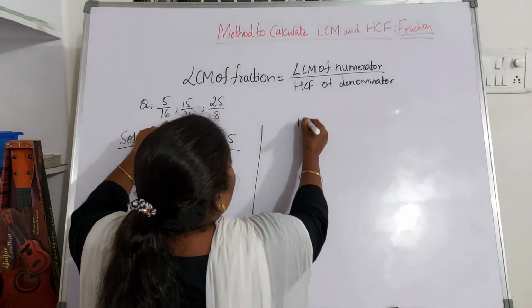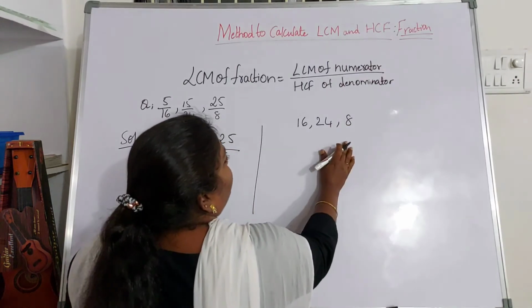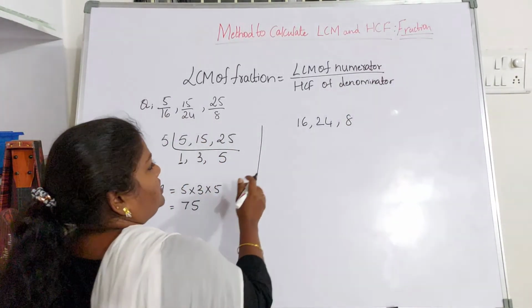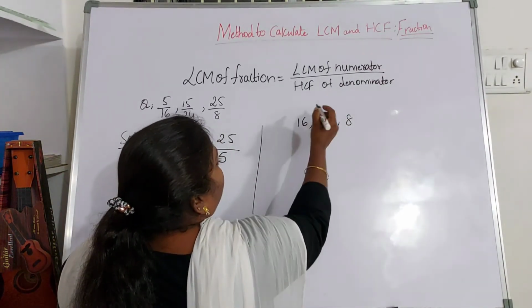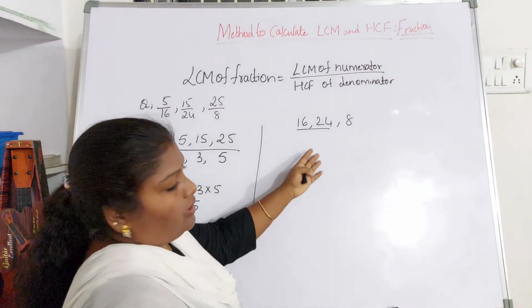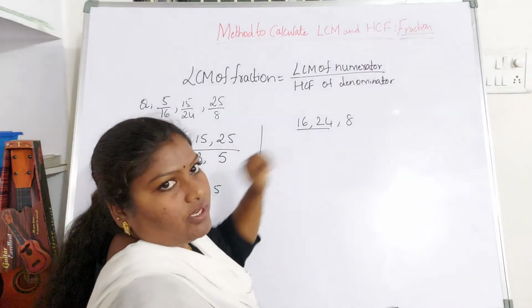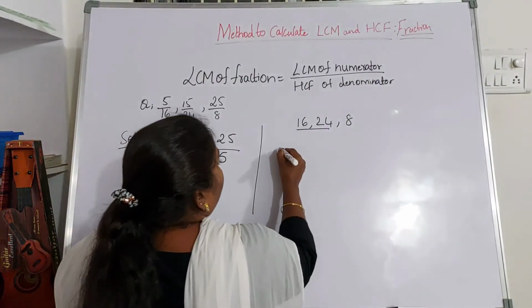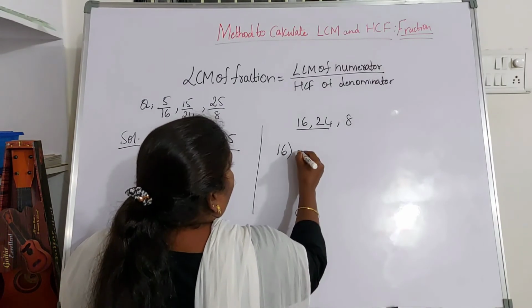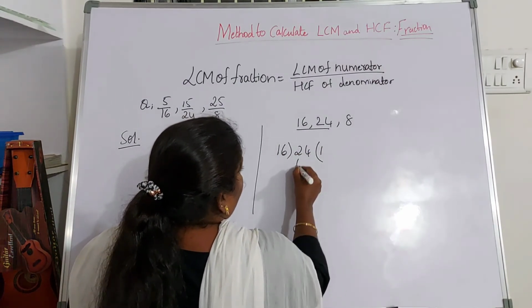Now the denominators are 16, 24 and 8. We need to find out the HCF of these three numbers. First I'll take two of them; you can consider any two numbers, but here I'm considering 16 and 24. The smaller number is the divisor and the bigger is the dividend. 16 once is 16.